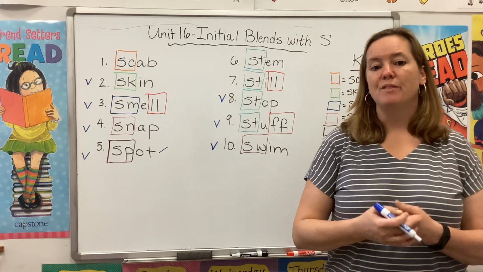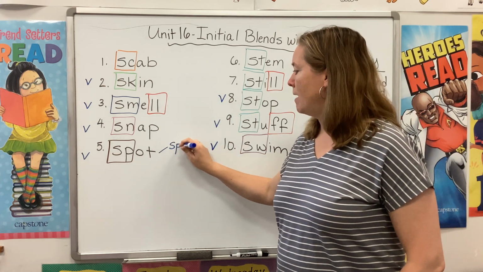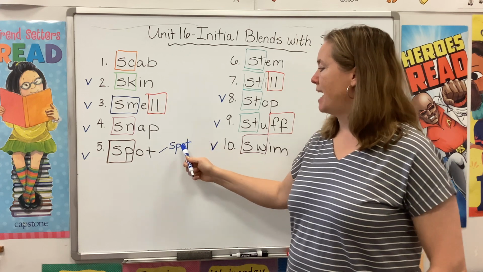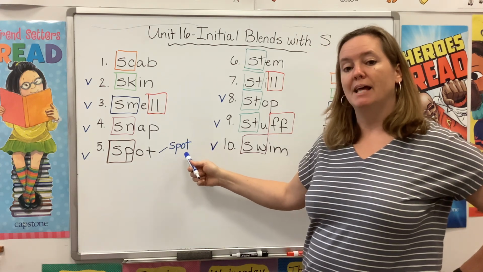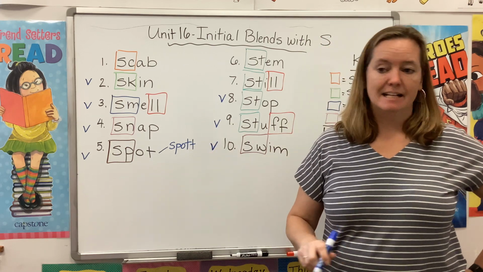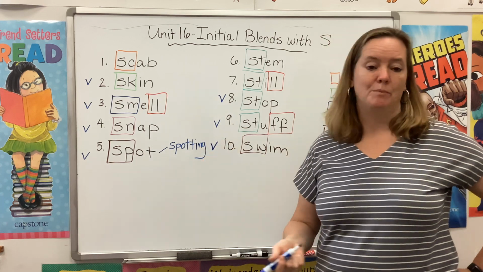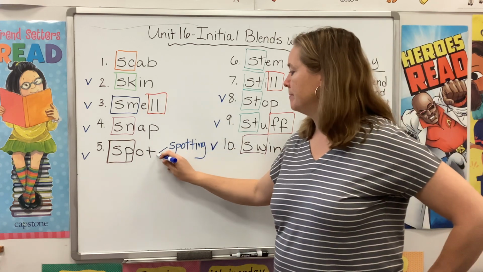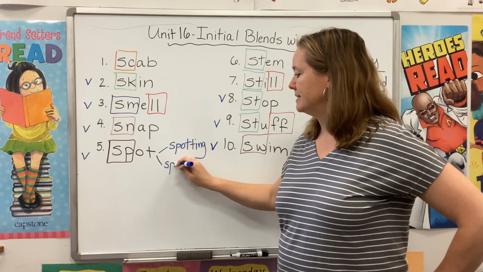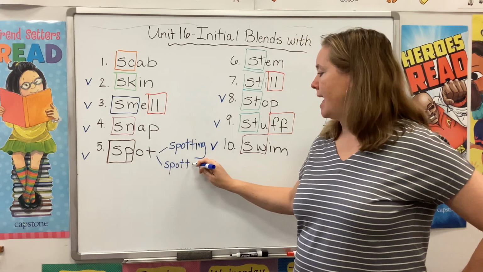Last week I taught you the doubling rule, and the doubling rule says when we have a verb that ends with one vowel and one consonant, we have to double that consonant before we add ing. So that's how we get spotting and spotted. Same thing. Double the T, add ed.